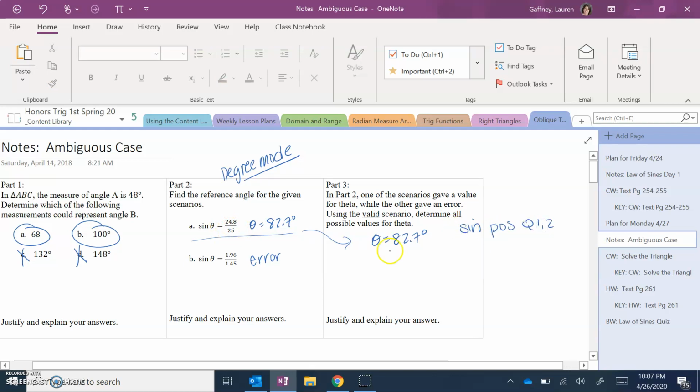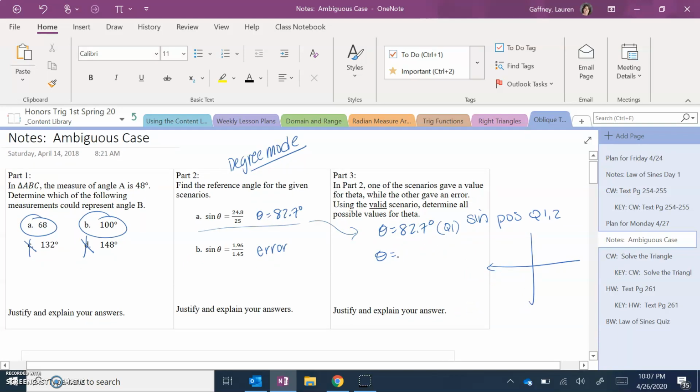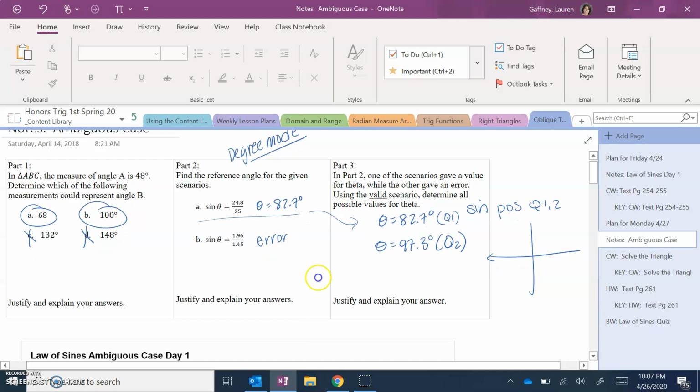Quadrants 1 and 2. So this is the quadrant 1 answer. We need the quadrant 2 answer. To get to quadrant 2 in degrees, we would take 180 and subtract our reference angle, and we should get 97.3 degrees. That's our quadrant 2 answer. So keep that in mind also as we're going through some of this.